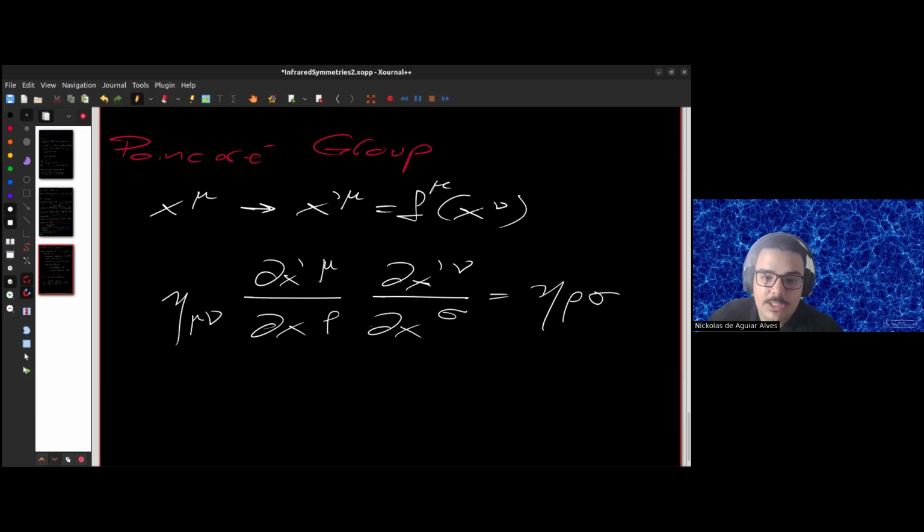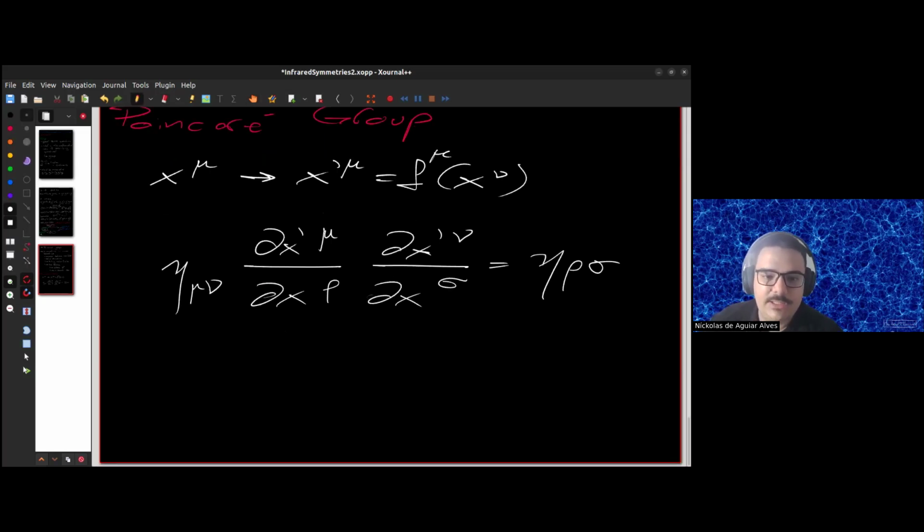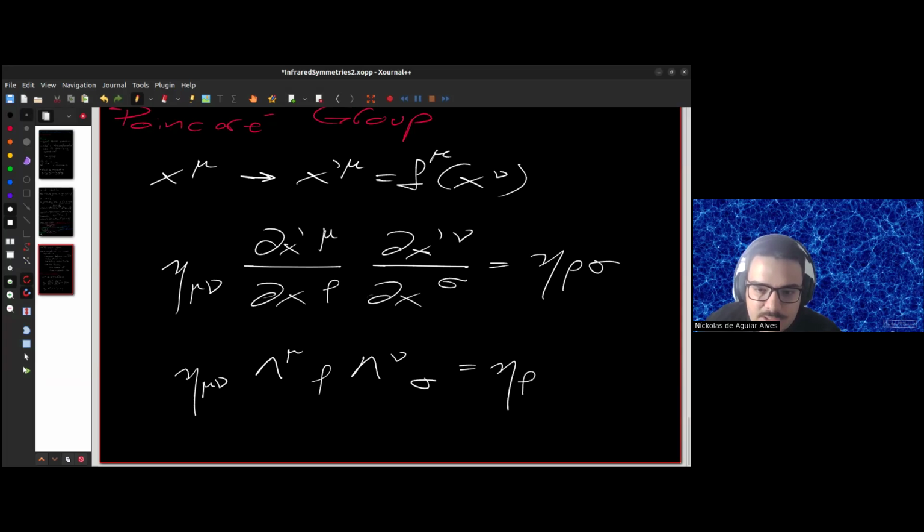You may recognize this condition as being precisely the condition that we used earlier to define what is a Lorentz transformation. So an element of the Lorentz group would be precisely a 1-1 tensor such that this condition is satisfied.